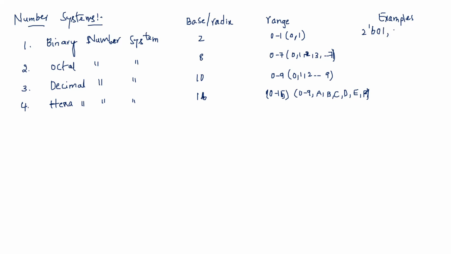In that way we will represent it. Or if we want to represent 3-bit binary, 3'b101. In this way we will represent it. Or sometimes 8-bit binary number system, that means 8'b10101010. So in this way we will represent the binary number system. Okay.